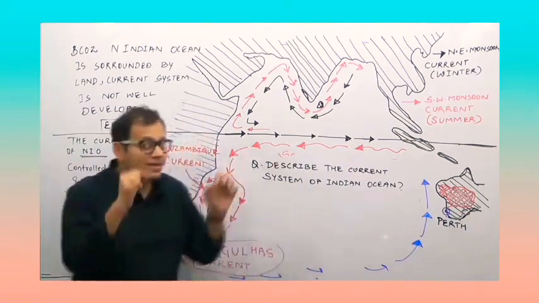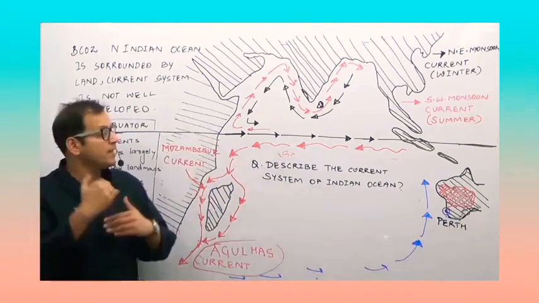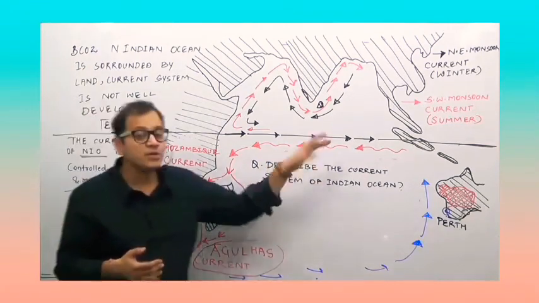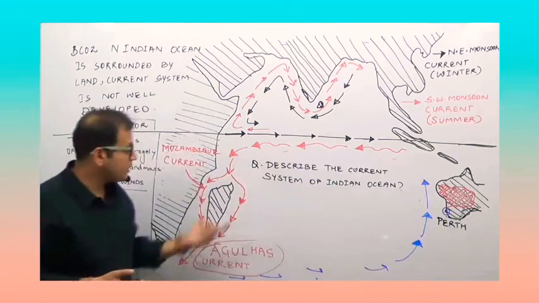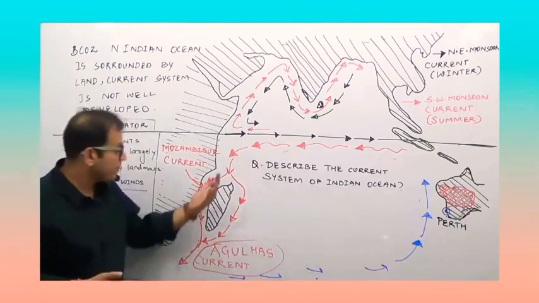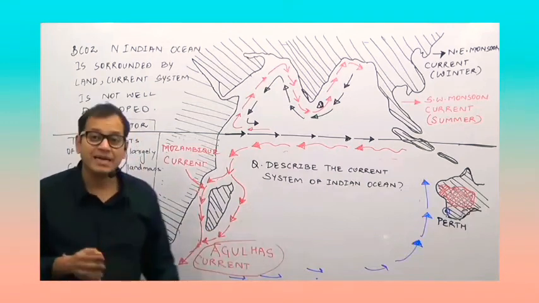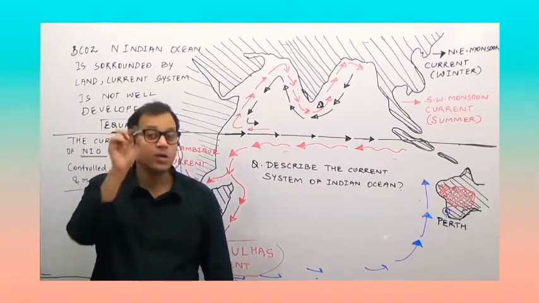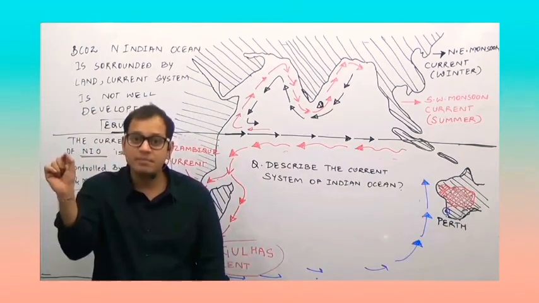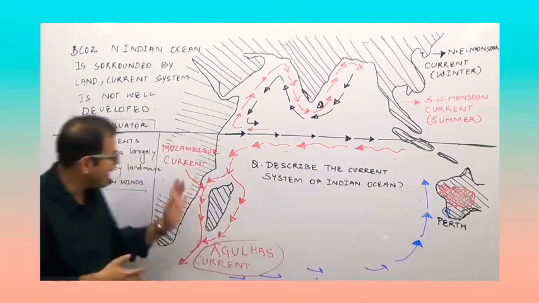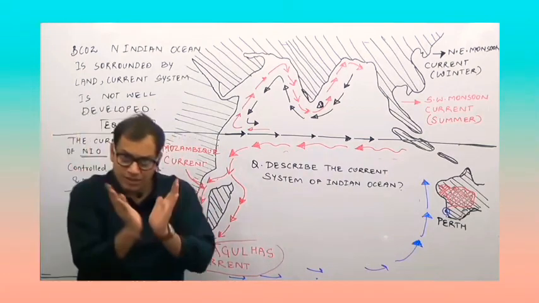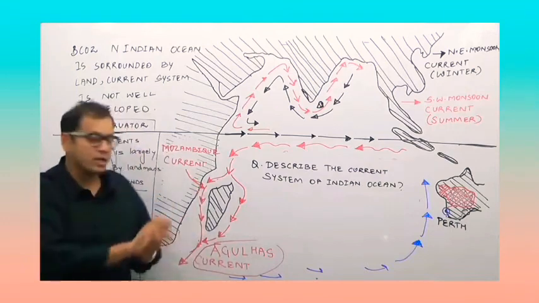Next point, the current system of the Southern Indian Ocean. In the Southern Indian Ocean, there is a South Equatorial current. This South Equatorial current further develops and goes southwards. One branch flows to the east of Madagascar as the Madagascar current, while the other flows through the Mozambique channel as the Mozambique current. Both of these currents join together to form the Agulhas current.